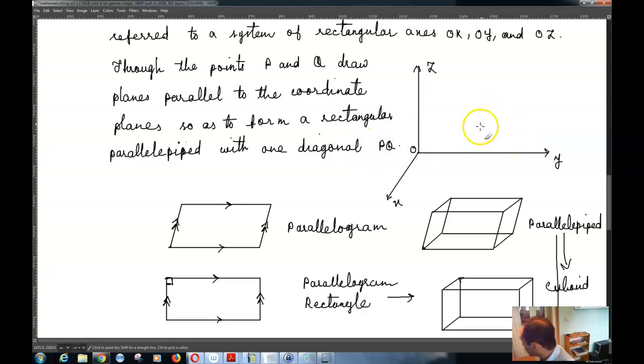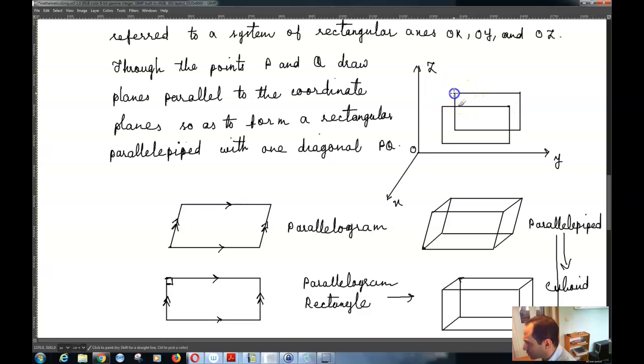So now if I draw this over here, what I will get is basically a parallelepiped, something like this.